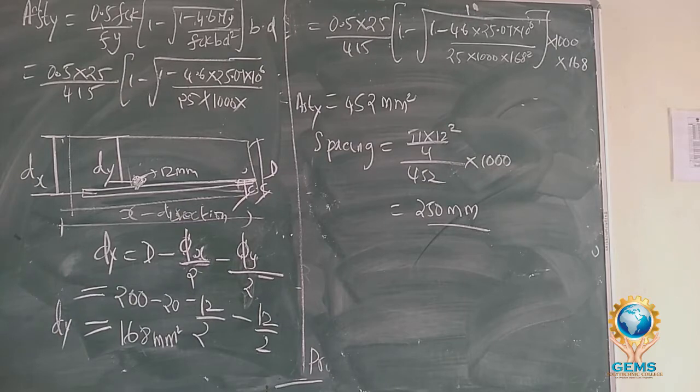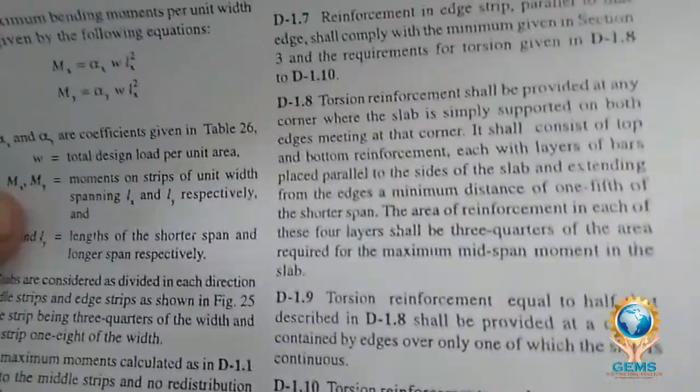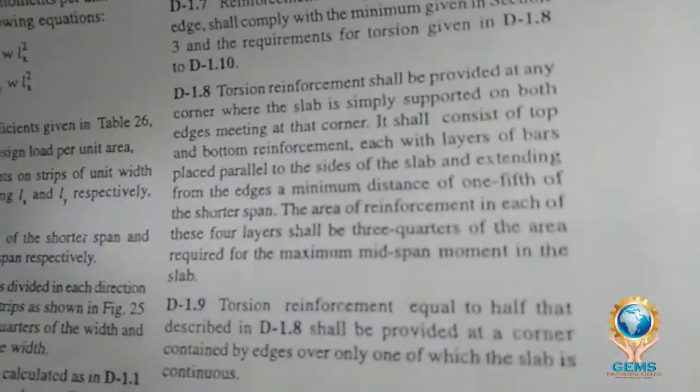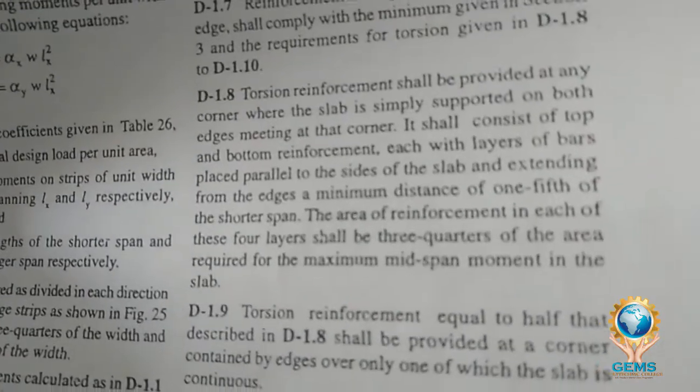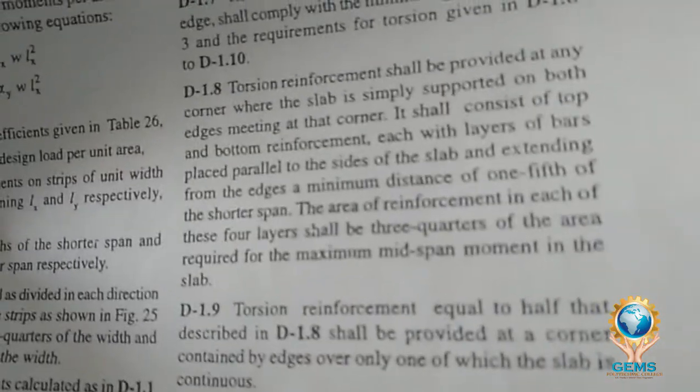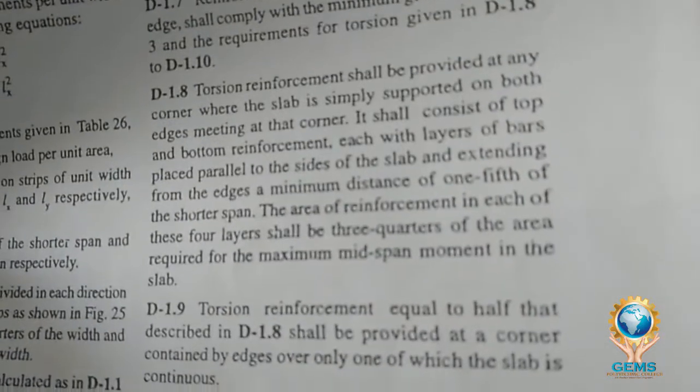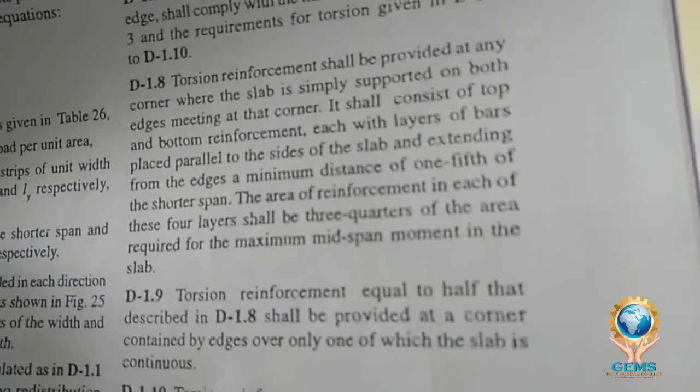Next thing, see in your code book you have one condition. Can you see D 1.8? Read that: torsion reinforcement shall be provided at any corner where the slab is simply supported on both edges meeting at the corner.